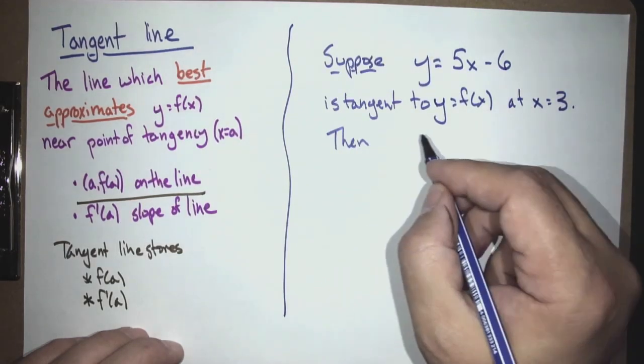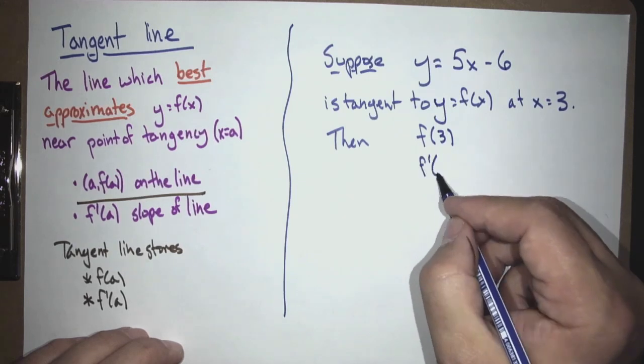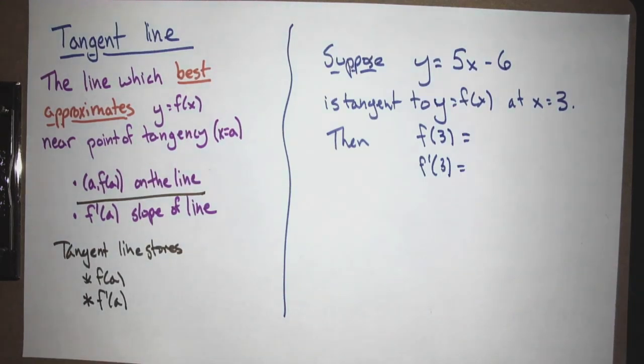Then, what can we say about f of 3? What can we say about f prime of 3? Which one of these is quick, and which one of these is also quick?